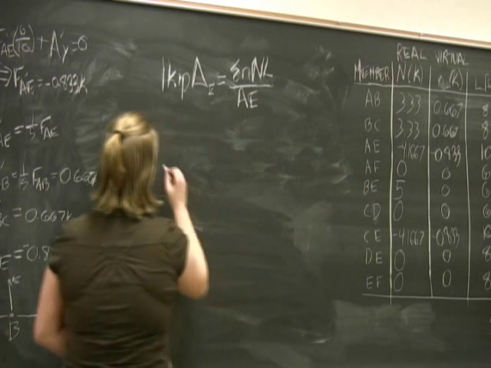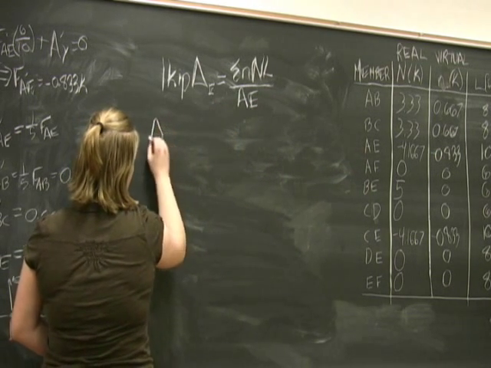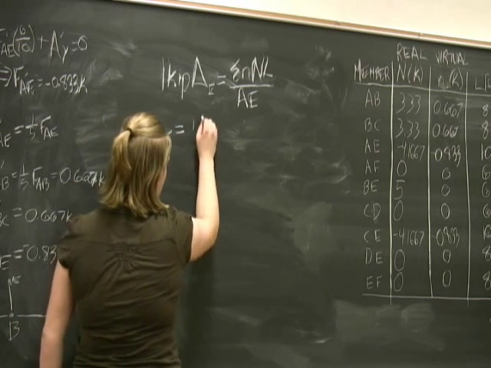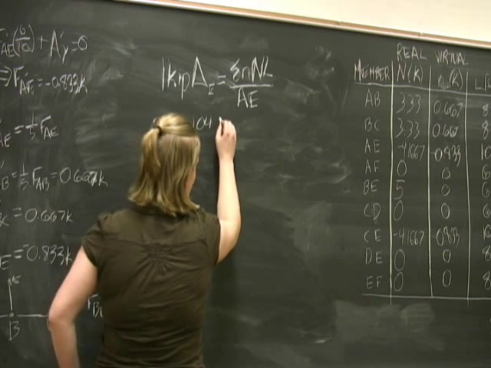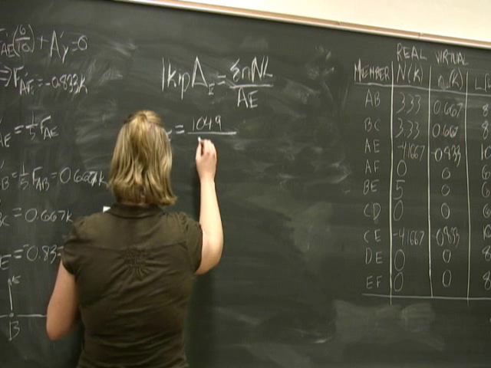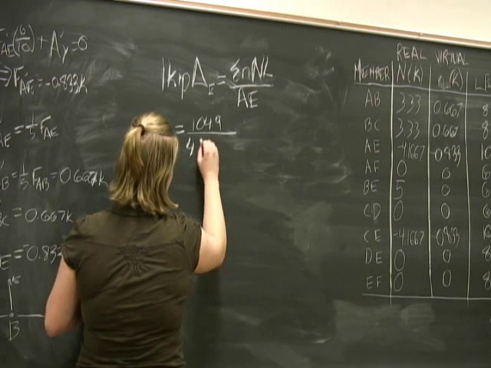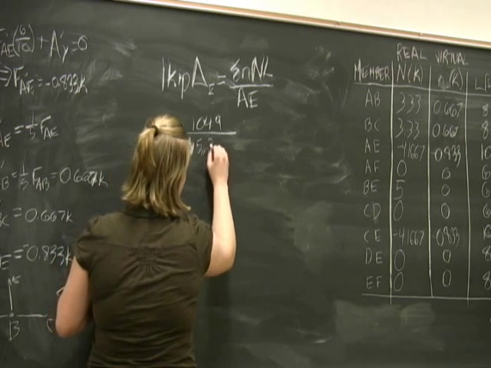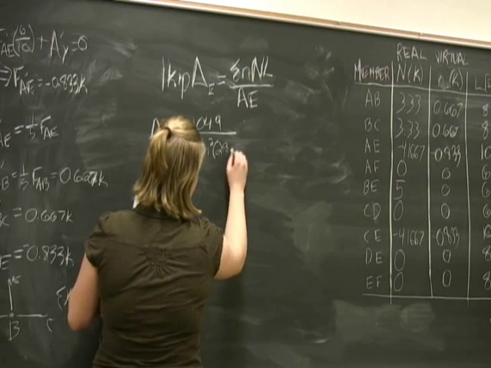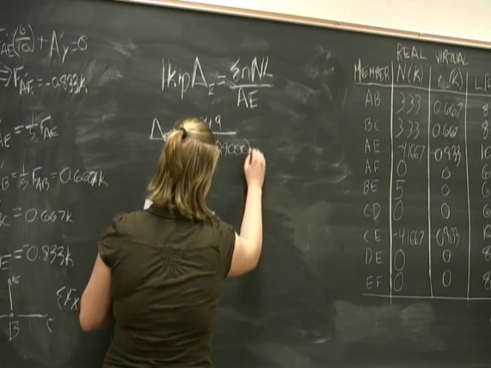Since we already found sigma, we can find that delta E is equal to 104.9 over A, which is 4.5 inches squared, times E, just 290,000.